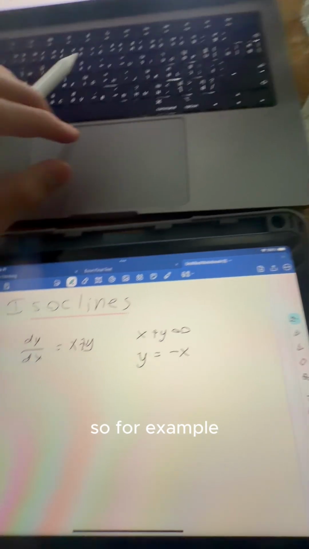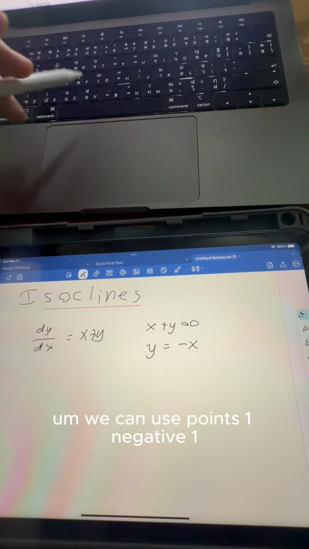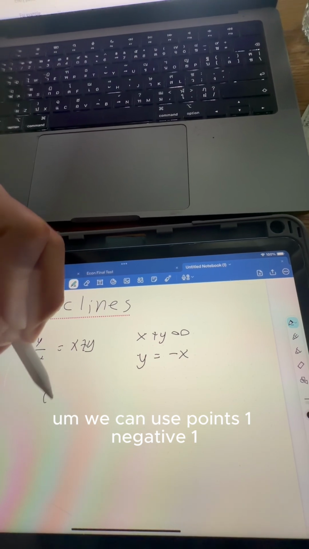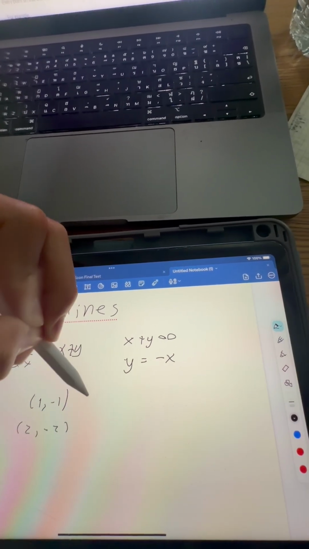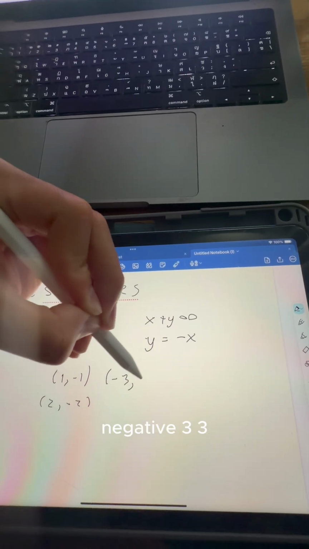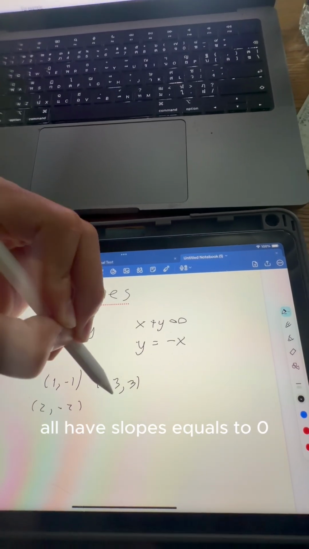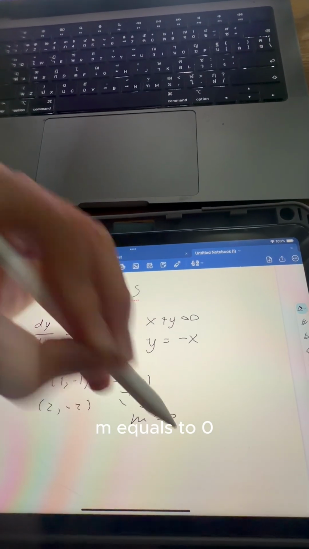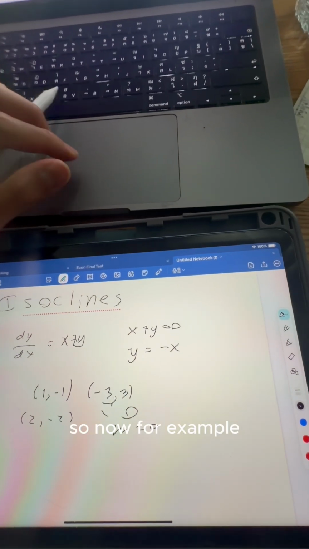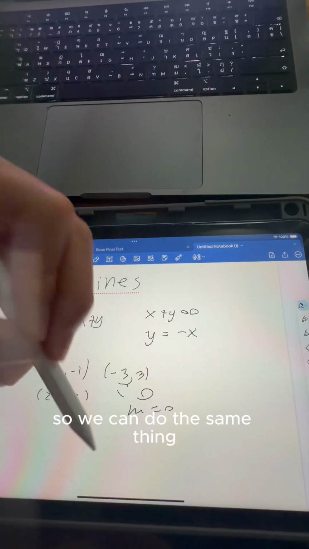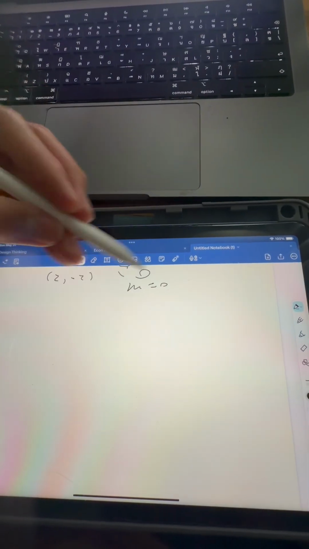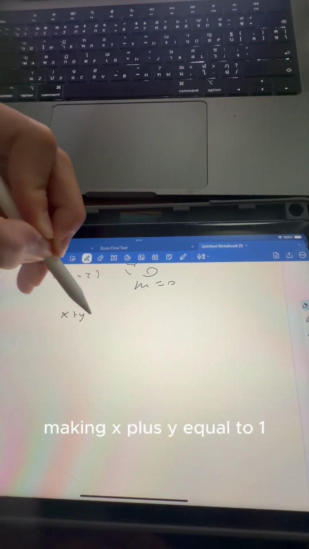So for example, we can use points (1, -1), (2, -2), (-3, 3). All have slopes equal to 0, m equals 0. Now, for example, let's find where the slope equals 1. We can do the same thing, making x plus y equal to 1.